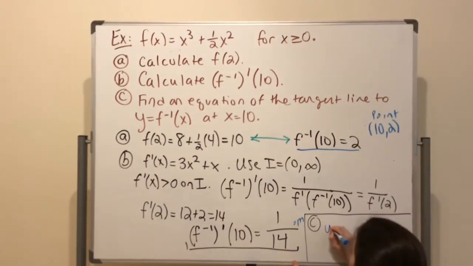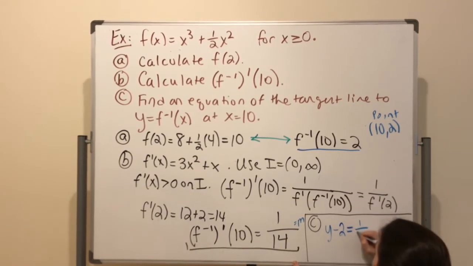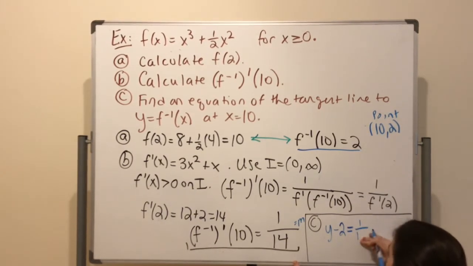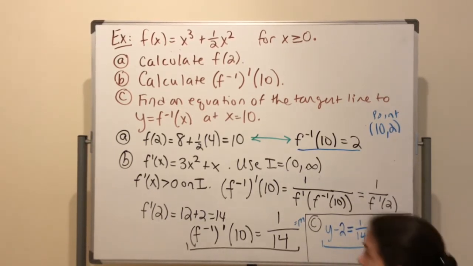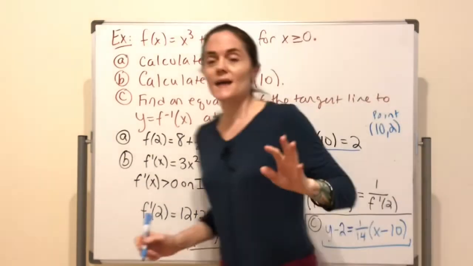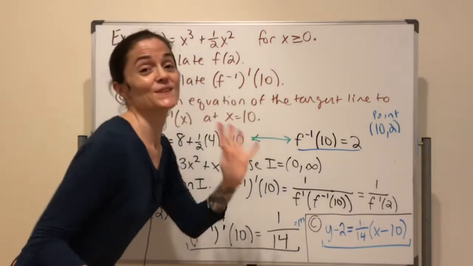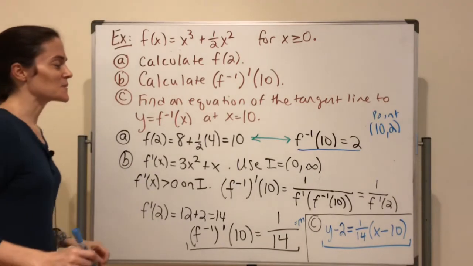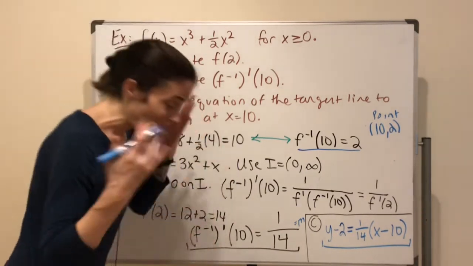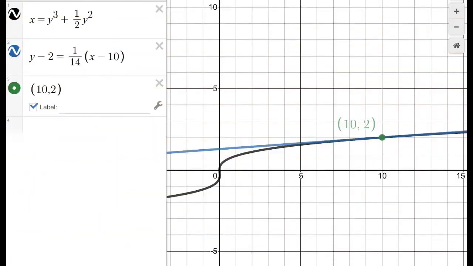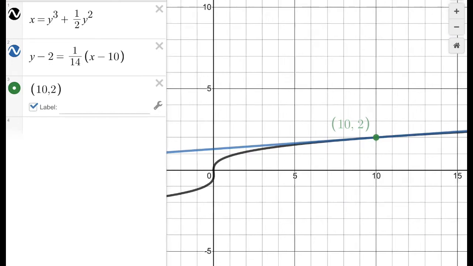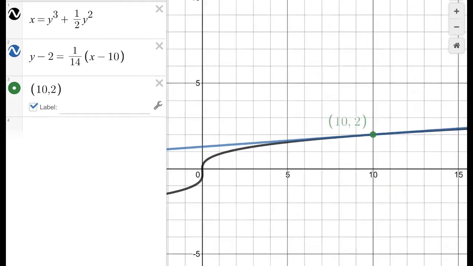We would have y minus 2 equals 1 over 14 times x minus 10. This would be an equation of the tangent line to the graph of the inverse function at x equals 10.